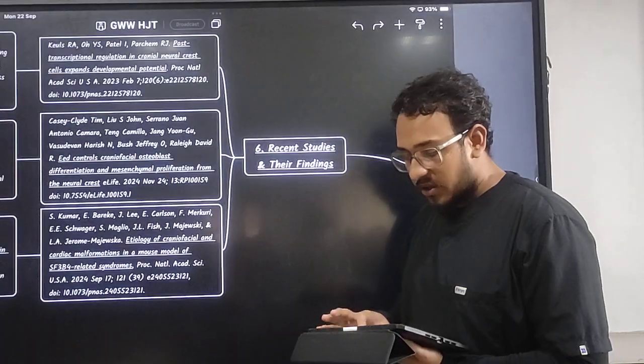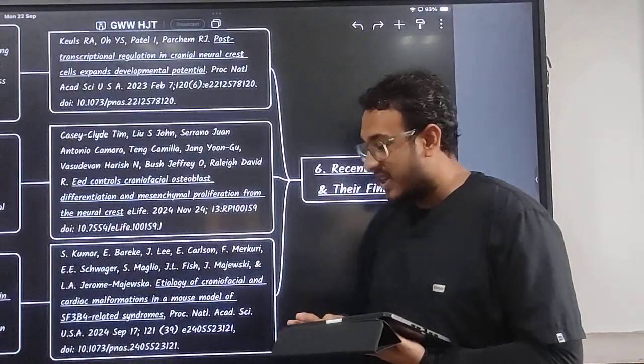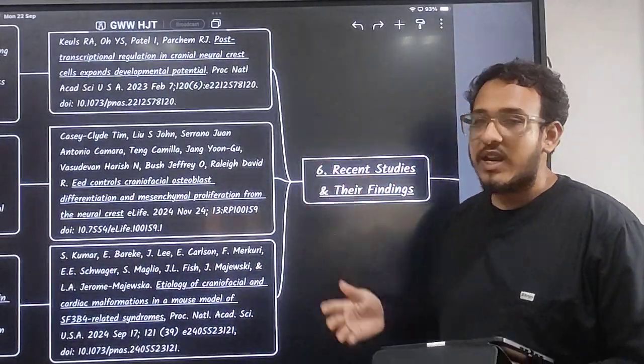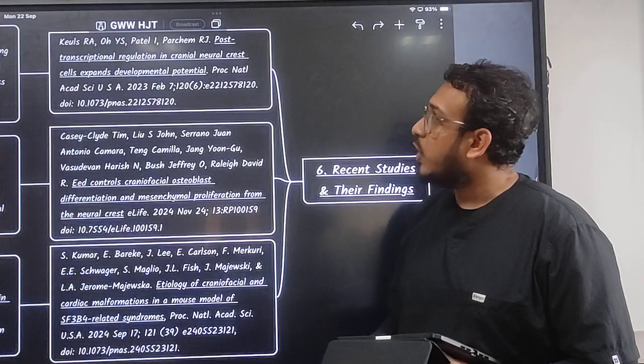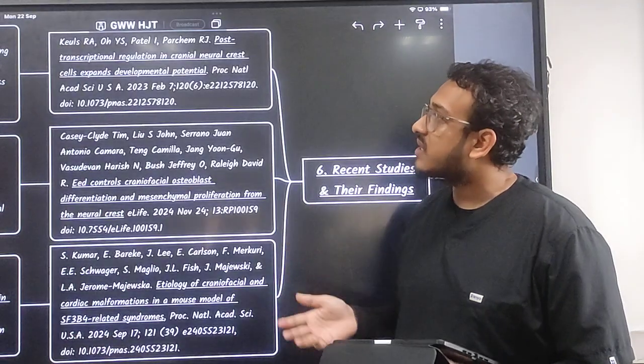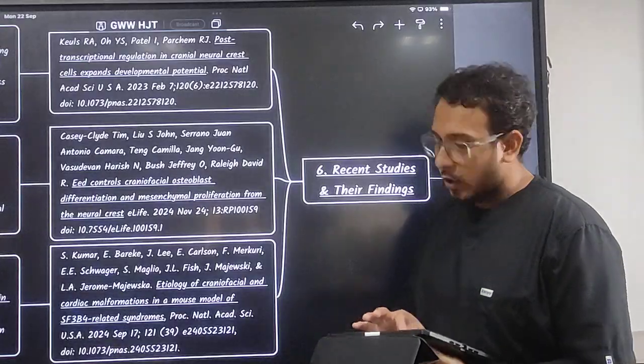Here are a few recent studies done on cranial crest cells. The title is "Post-transcriptional regulation in cranial neural crest cells expands developmental potential."